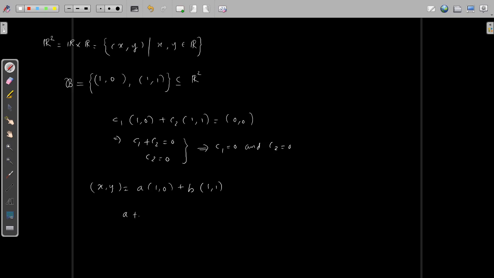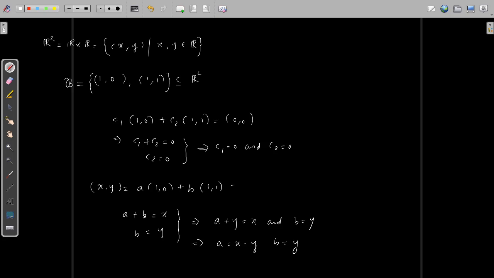If we solve, a plus b is equal to x, and from the second component we get b is equal to y. So these two equations together imply that a plus y is equal to x and b equal to y. That implies a is equal to x minus y and b is equal to y.